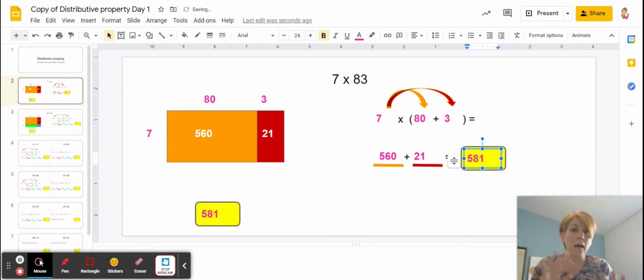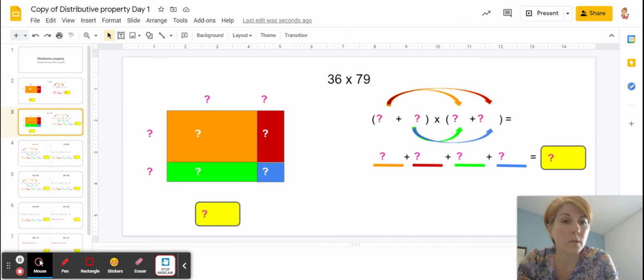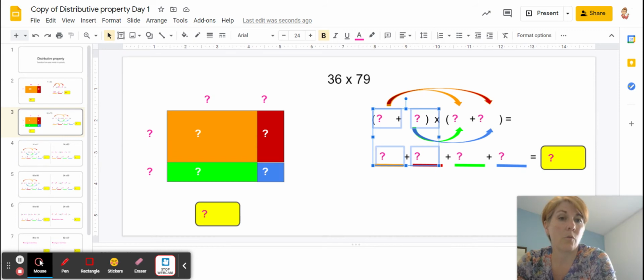It's exactly the same thing that we were doing. We're just not drawing the boxes anymore. So we're gradually, with each of these questions, going to work our way towards that process of not using this.